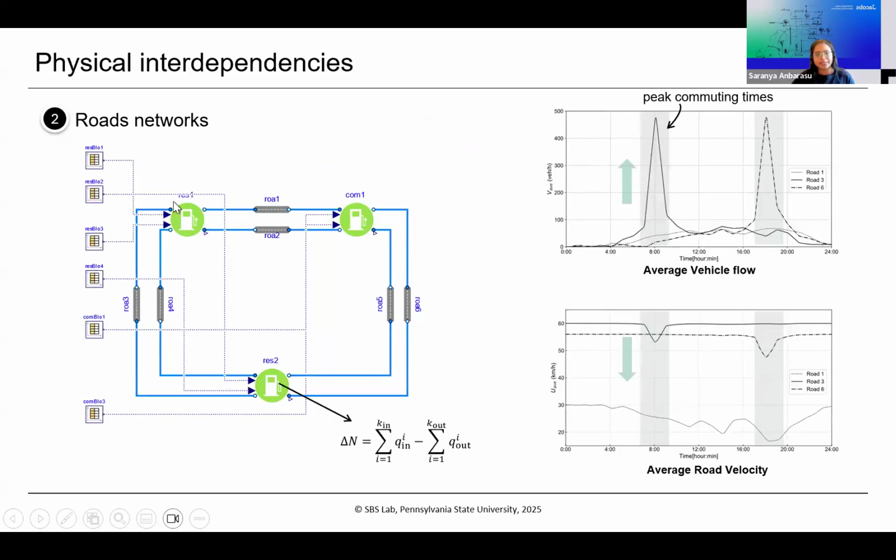To give a small example, say there are commercial and residential blocks, with roads interconnecting them. The plots here show the average vehicle flow during peak commuting hours. You can see the roads connecting the residential to commercial blocks, because people have to commute to the offices, are going to see larger vehicle flow.